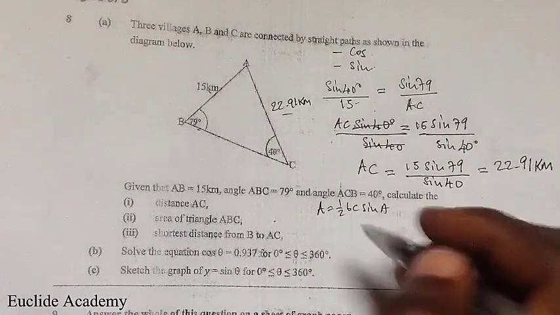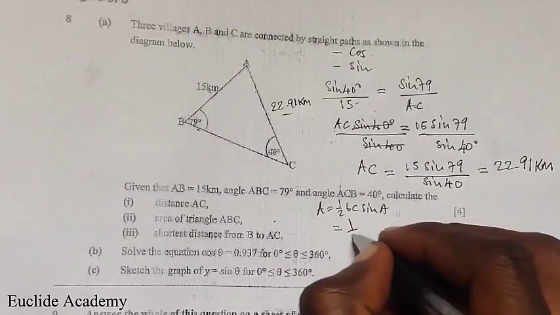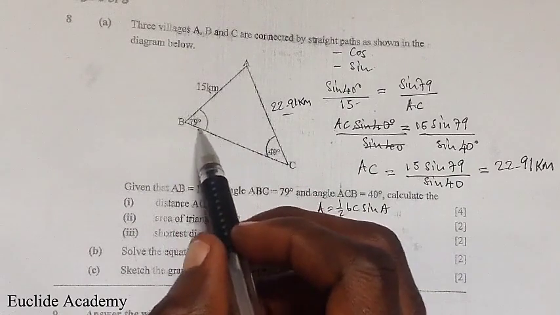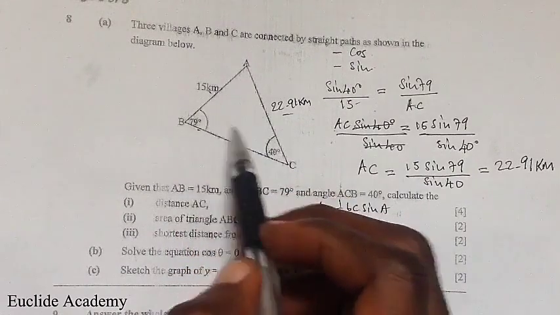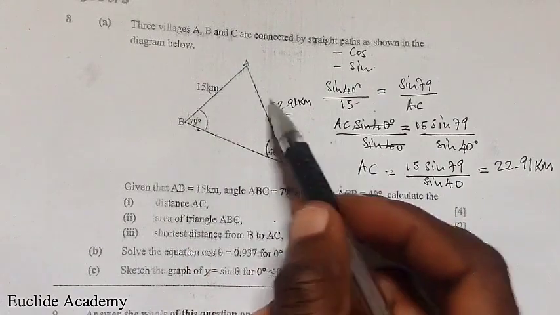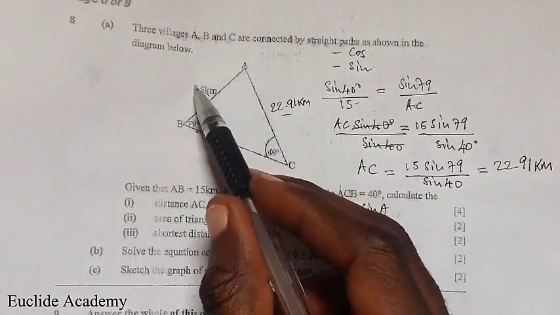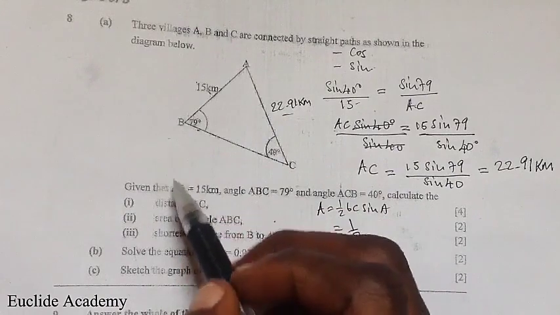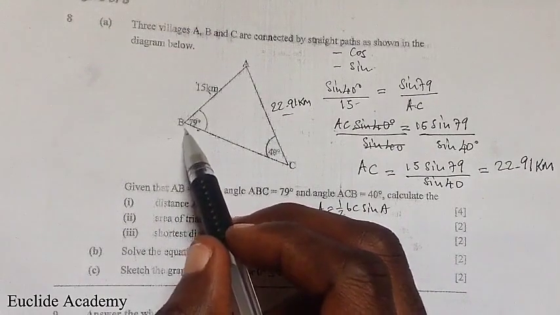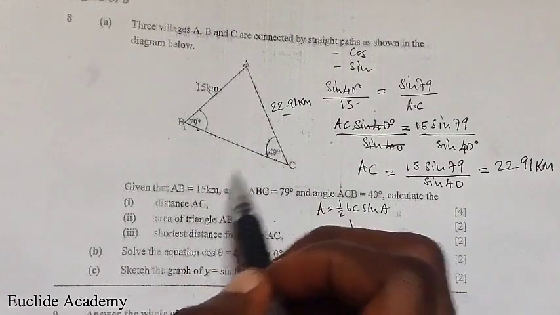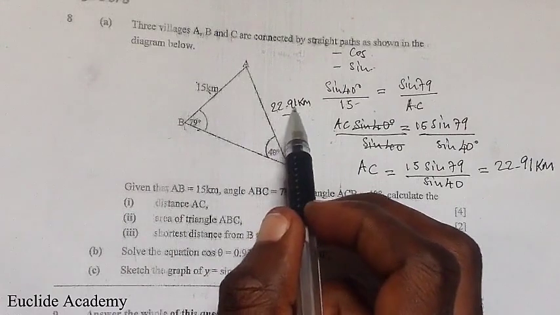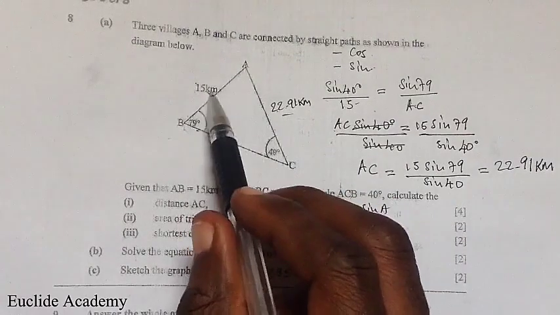Sine of A. So area equals half B, it is this side. So we look at one angle which we want, and then we multiply by the sides which we have. So here we have this side as 22.91 kilometers and this one as 15 kilometers.